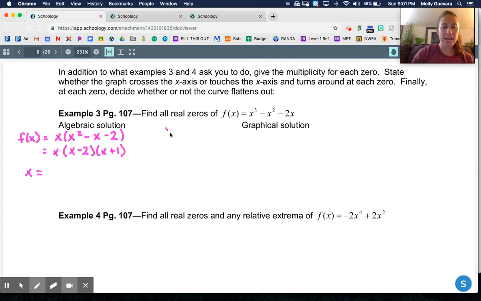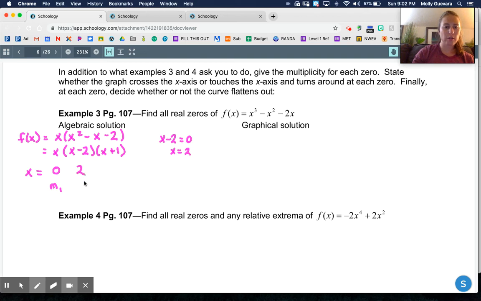So if I set x equal to 0 and solve, I just get 0, right? And the multiplicity on this one is just a 1, so I write m1. Here, my multiplicity again, there's nothing written, so it's a 1. So if I set my x minus 2 equal to 0 and solve, I get 2.